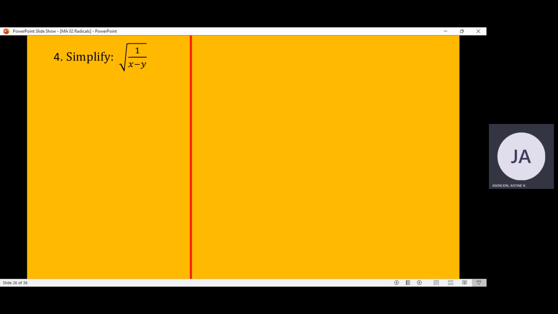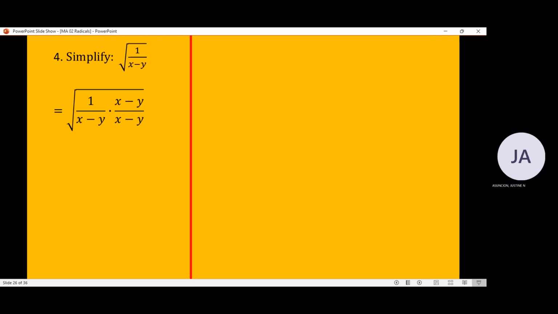As you can see, we need to treat x minus y as one unit, as one term. So we need to multiply both the numerator and denominator by x minus y. We cannot multiply by just x or just y because we cannot eliminate the radical in the denominator.